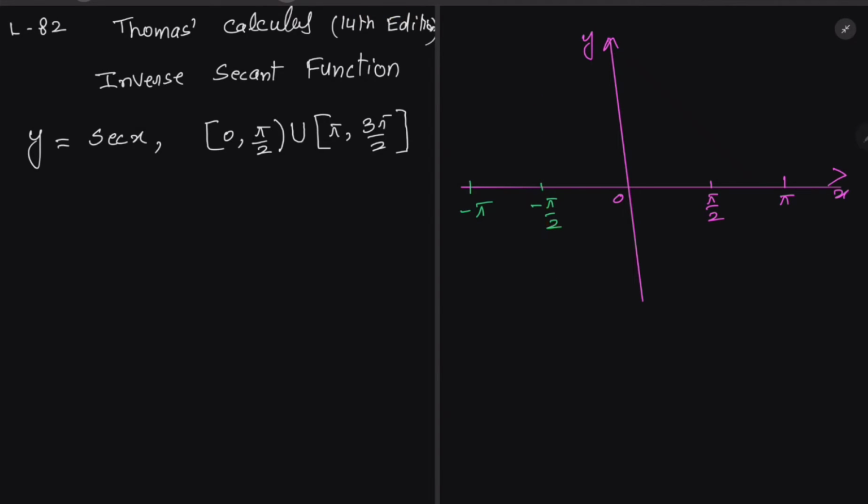So the actual function is, for example, when x is 0, 1 over cos 0 is 1. So it should start from 1 over here.